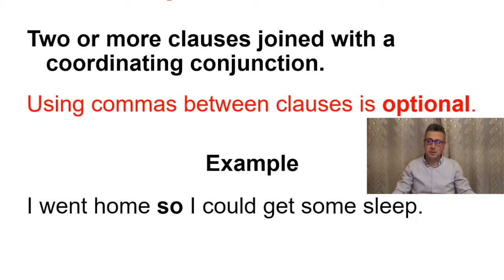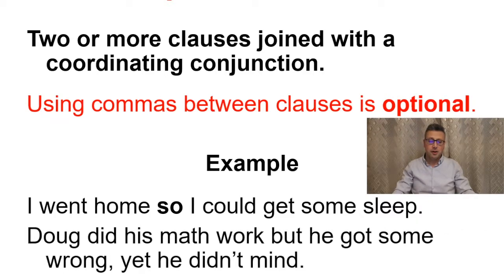Let's continue and look at another example. Doug did his math work, but he got some wrong, yet he didn't mind. So now we have a little bit of difference here. Let's analyze it a bit further. Doug did his math work. So the first piece is complete, right? Now I have but. What is but?